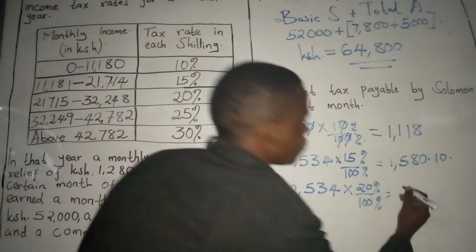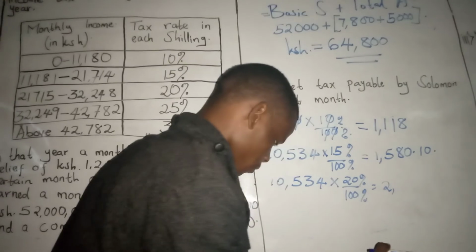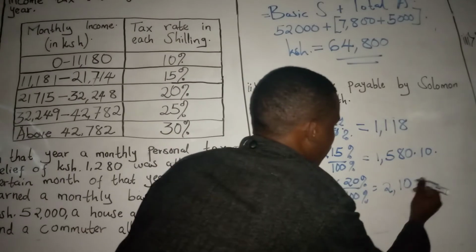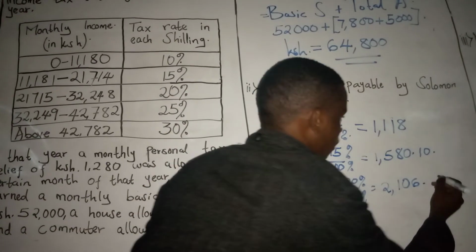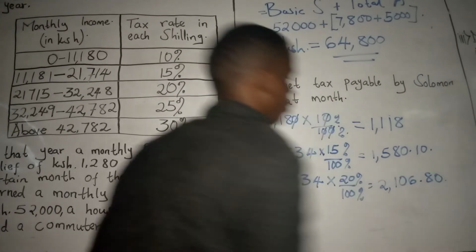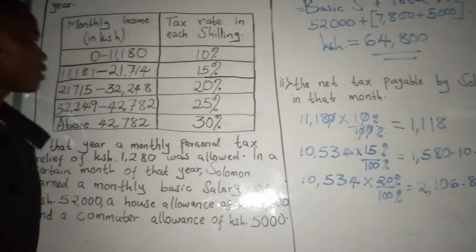So we're going to have 2,106.80. So that's our third one.